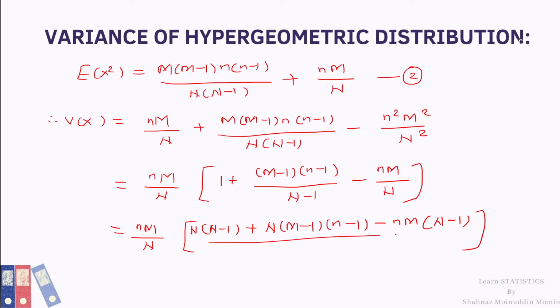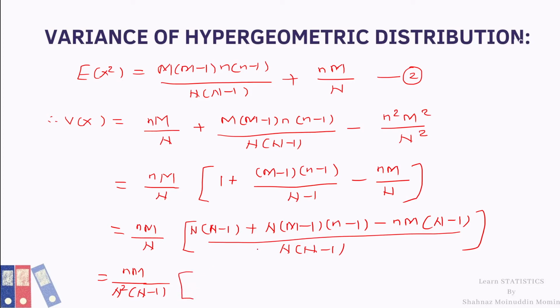The whole thing is divided by n into n minus 1, which is equal to nm by n square. I am taking the denominator outside the bracket, n square into n minus 1.